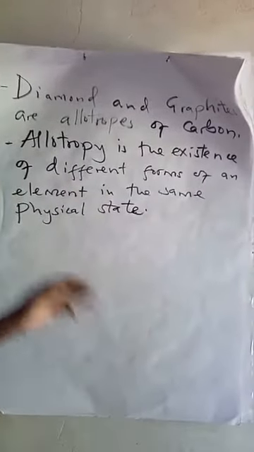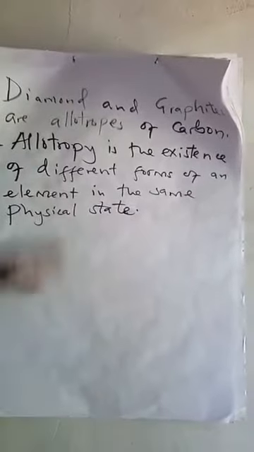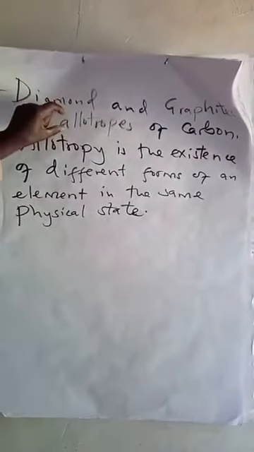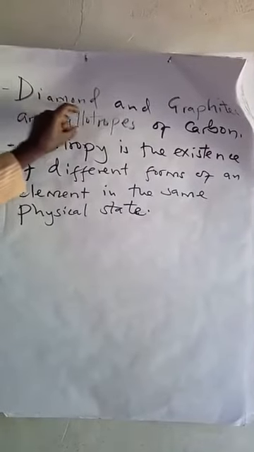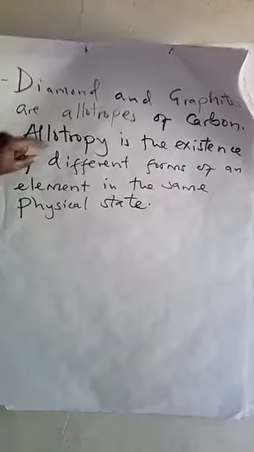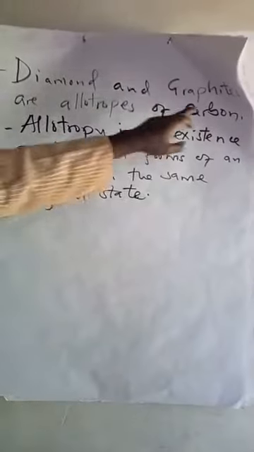So we say allotropes of carbon. When you are asked to define allotropes, then you say allotropes are different forms of an element in the same physical state. So these two are allotropes of carbon.